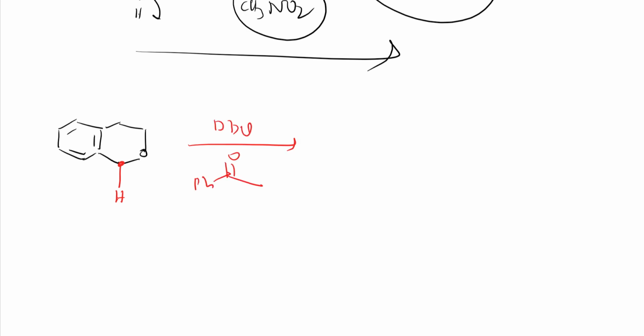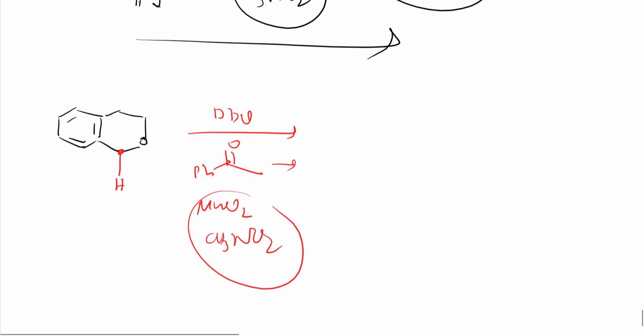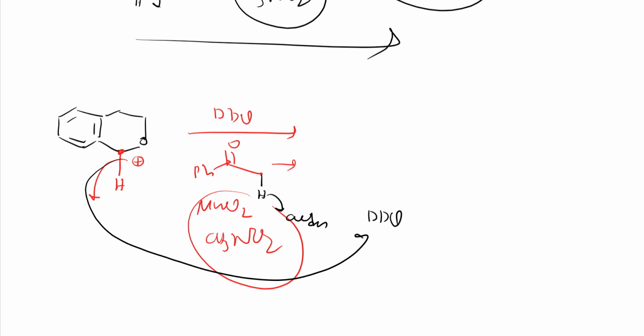Other things like MnO2 and CH3NO2, you don't need to worry about them, right? So what is there? It acts as a solvent here. As soon as DDQ takes the hydride, this gets a positive charge, right? And here this proton will be there, right? This ketone proton will be very acidic. As soon as DDQ takes this hydride, its oxygen gets a negative charge. That negative charge will take this proton. So here I will get a negative charge.